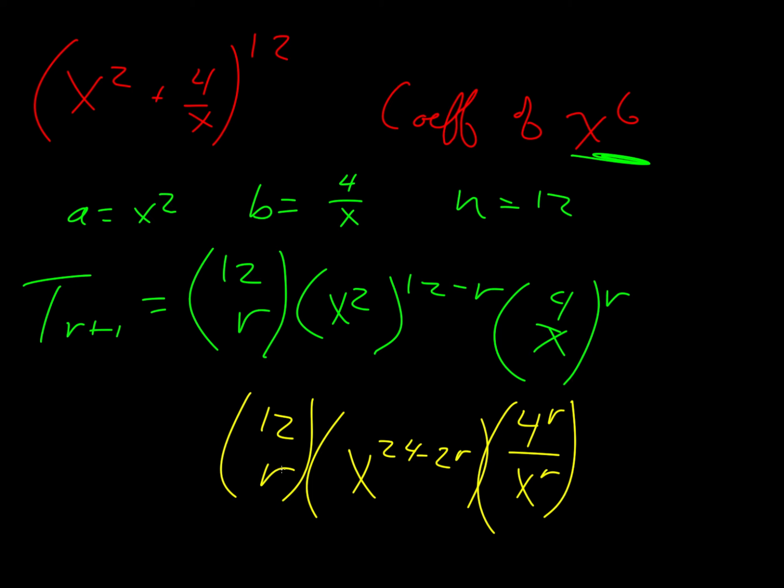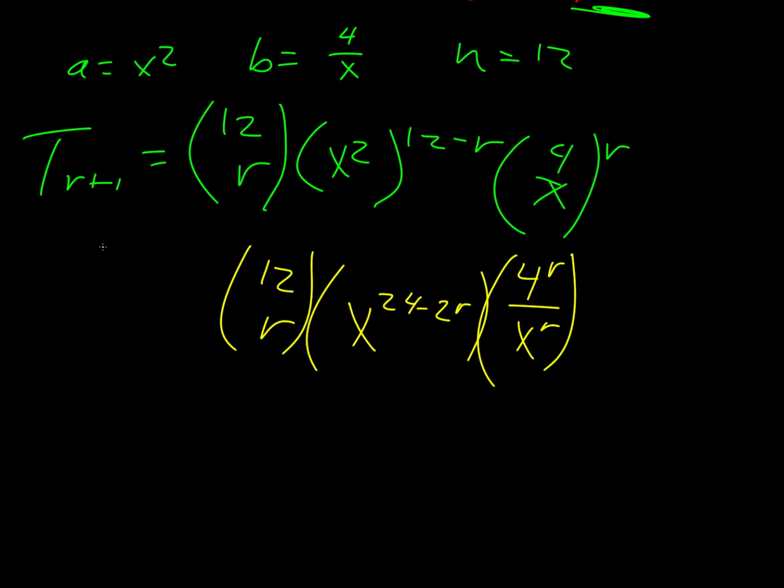Now, since we want to figure out what the r value needs to be, we should combine this first. So we're going to think of it like this. So we have 4 to the r that comes out, and then we're going to take this divided by this.